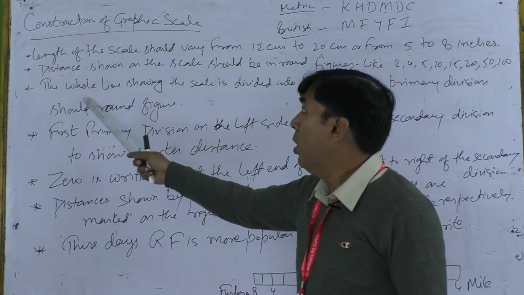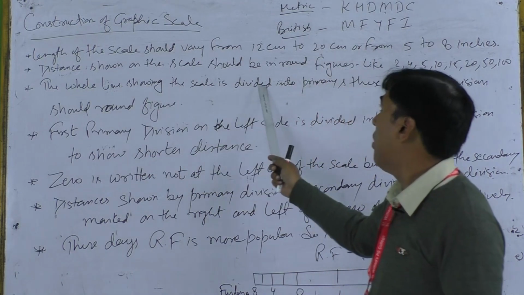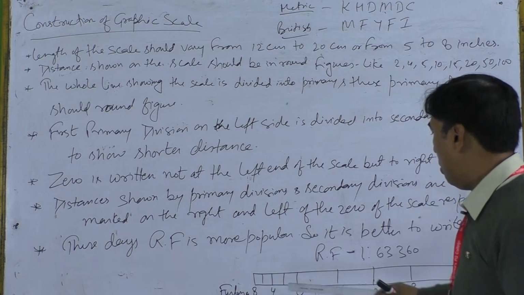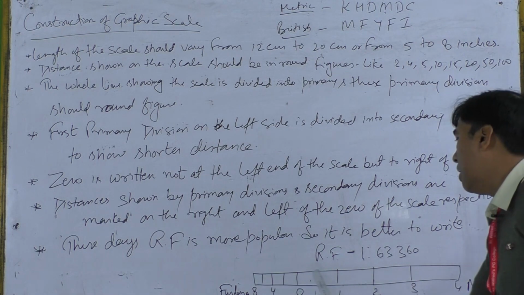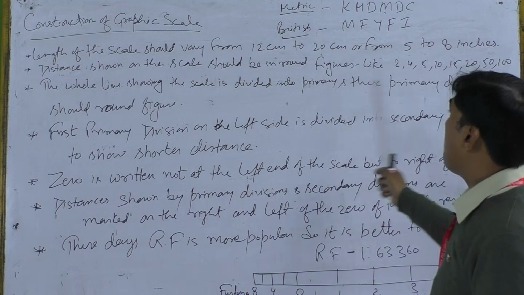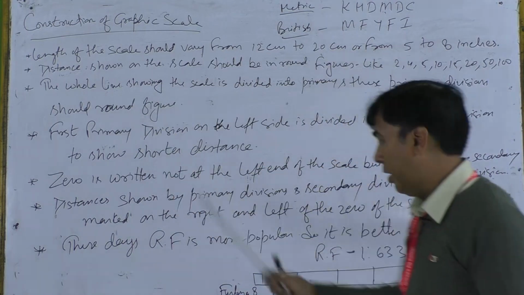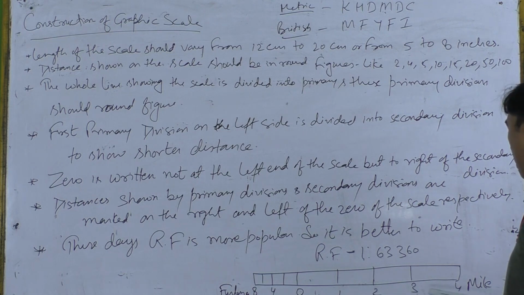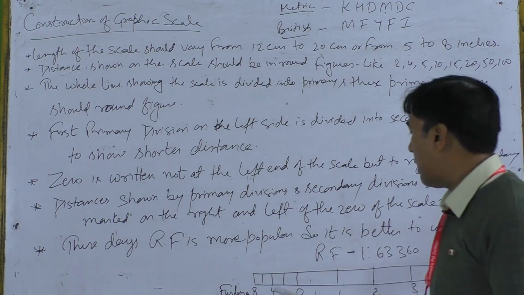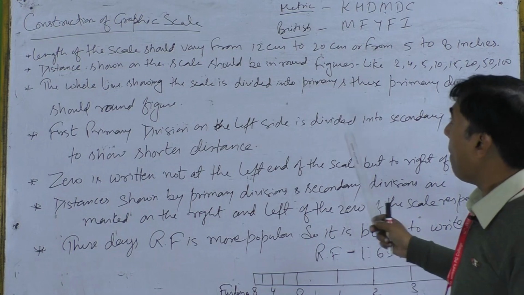Third thing is the whole line showing the scale is divided into primary parts, and these primary divisions should be in round figures. So you are seeing here 0, 1, 2, 3, 4, 5. These are some round figures.